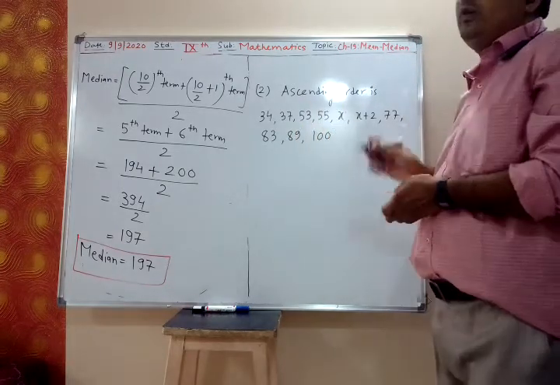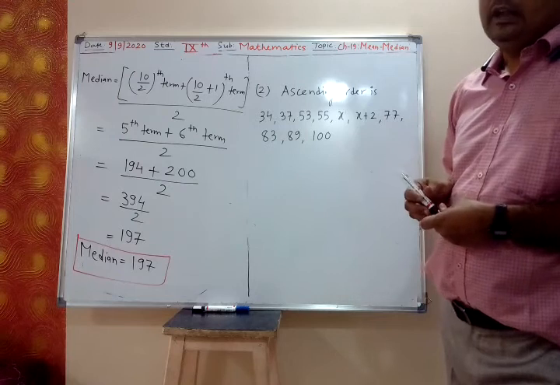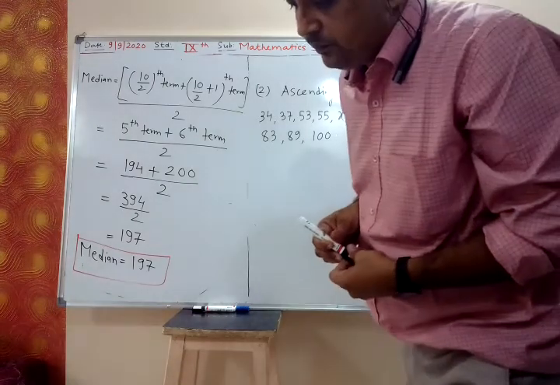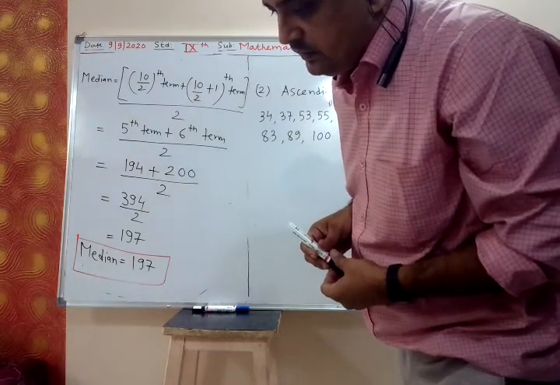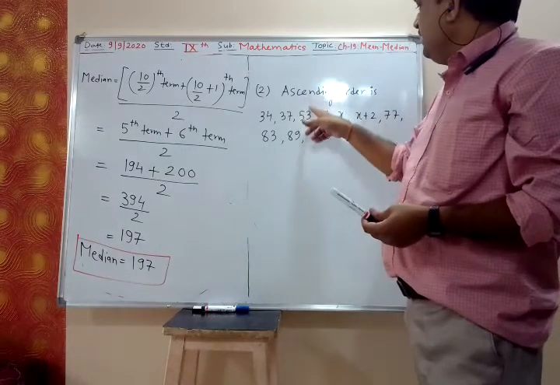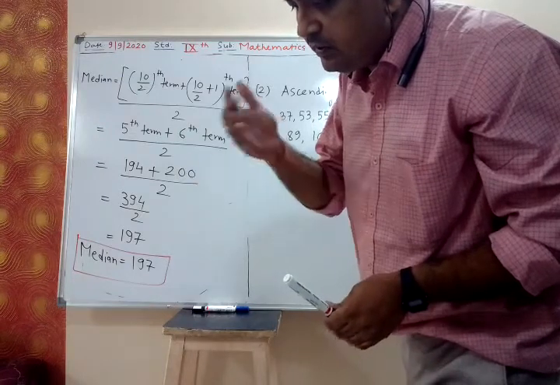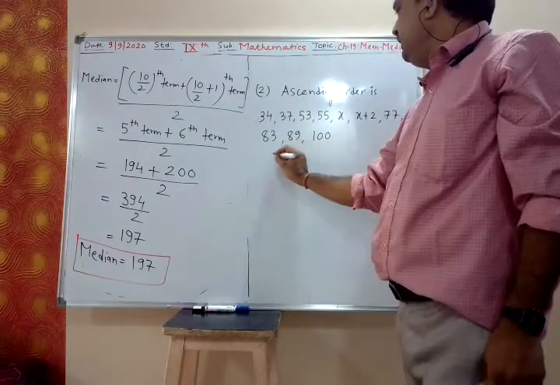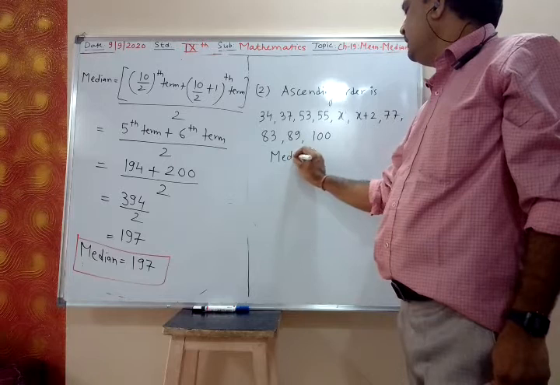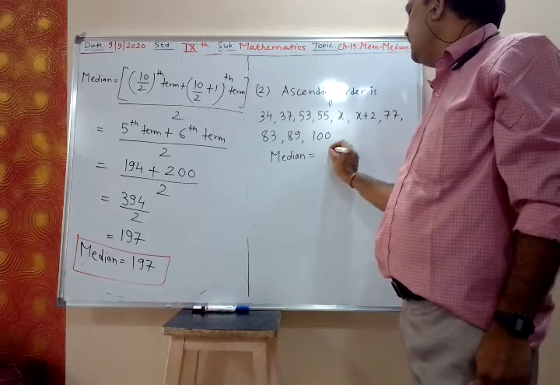We are given the ascending order. Then the value of the median is also given. Median is given, 63.